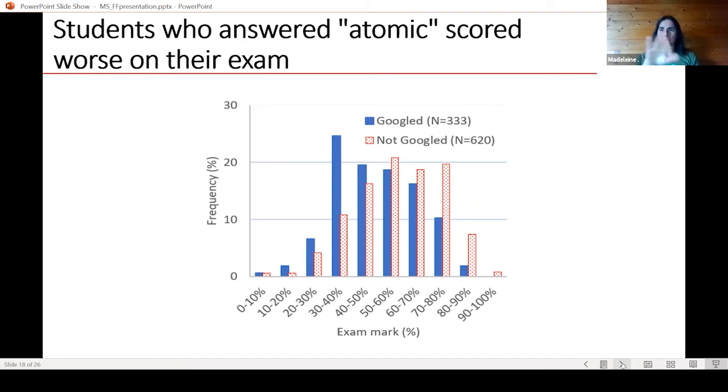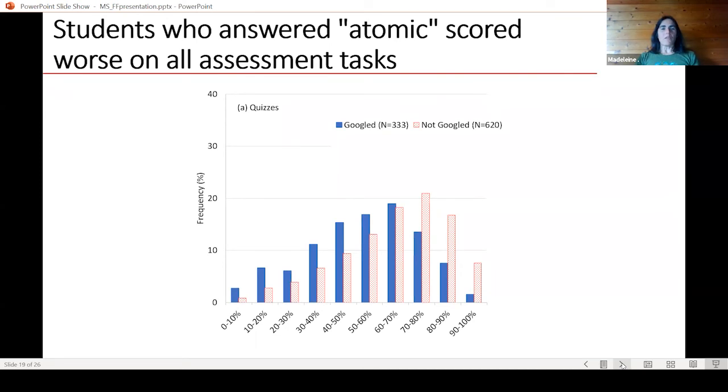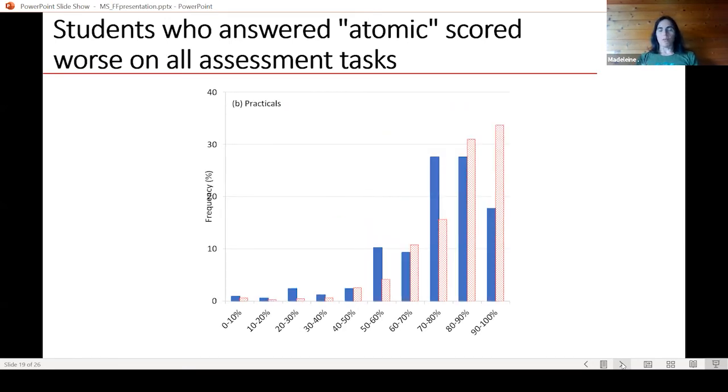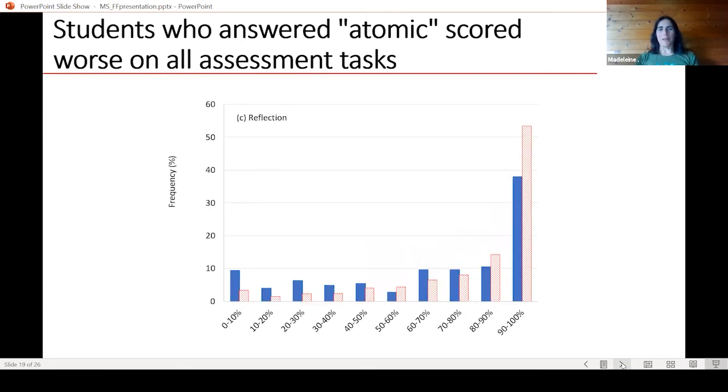They also performed worse on the quizzes throughout the semester, and on the practicals. Most interesting to me, they also performed worse on the goal setting and reflection task, which is simply logging in. So Googling during the exam seems to be a measure of student engagement.